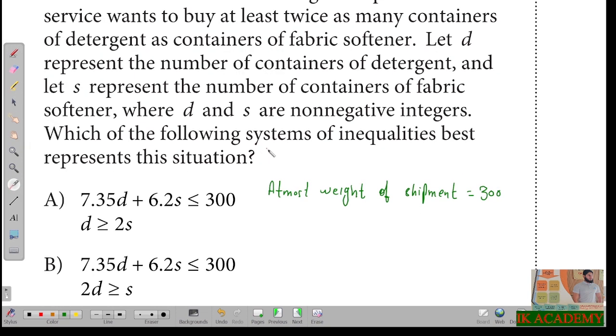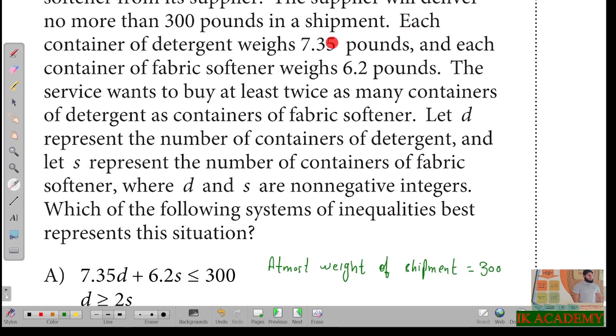And the next thing given is each container of detergent weighs 7.35 pounds and each container of fabric softener weighs 6.2 pounds. And also it was given that D represents the containers of detergent and S represents the containers of fabric softener.